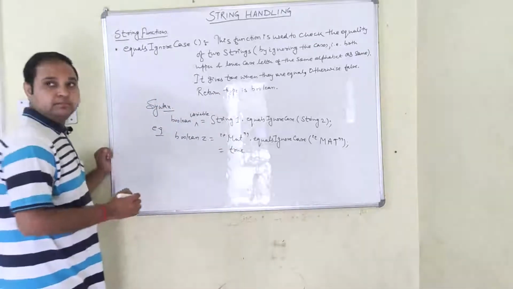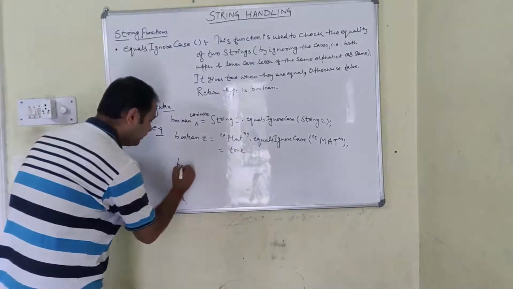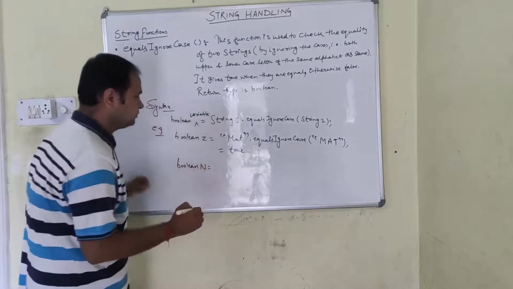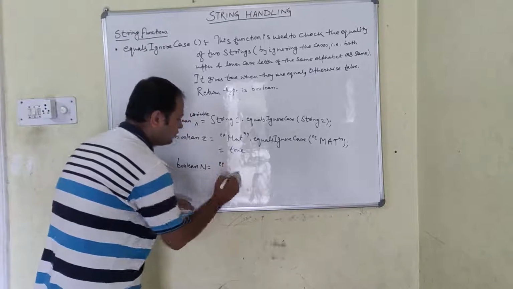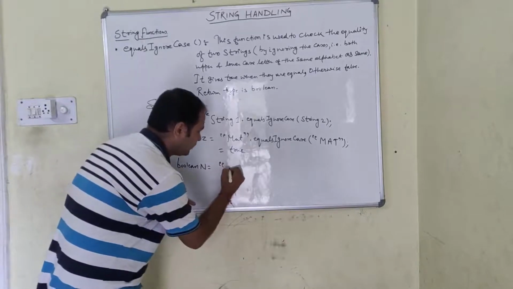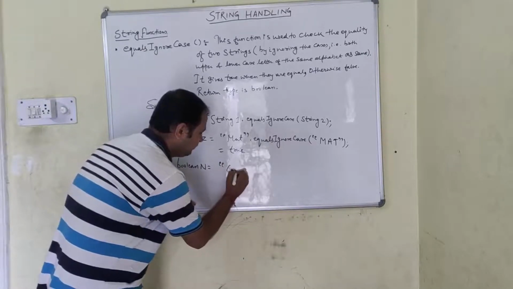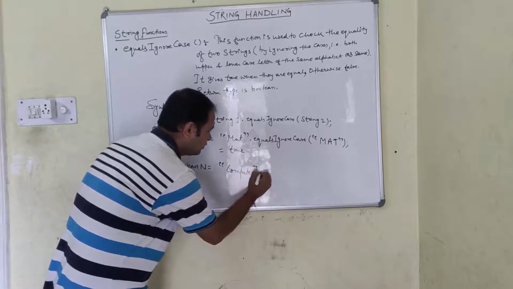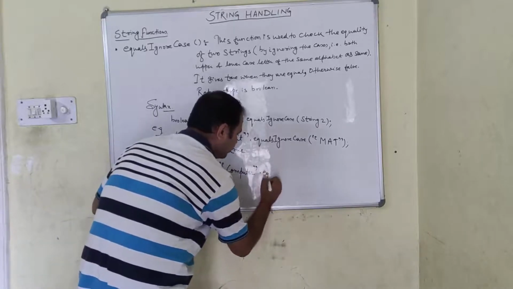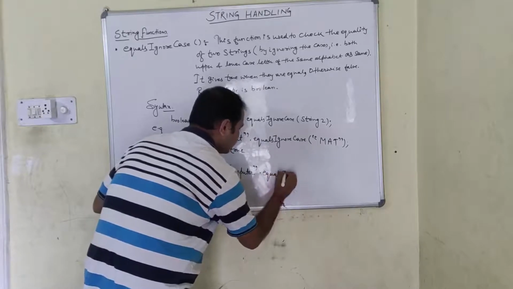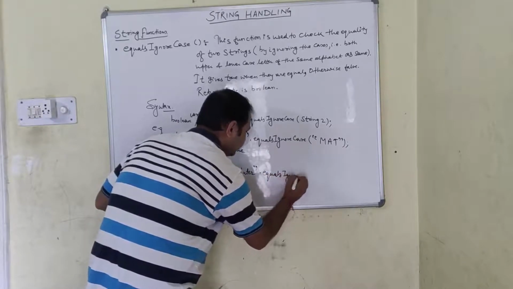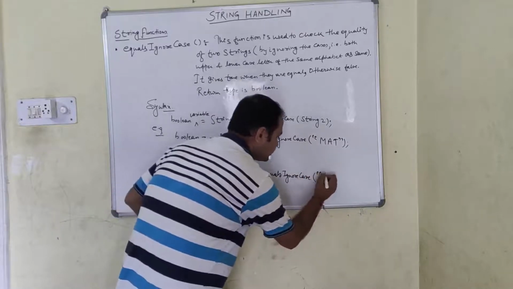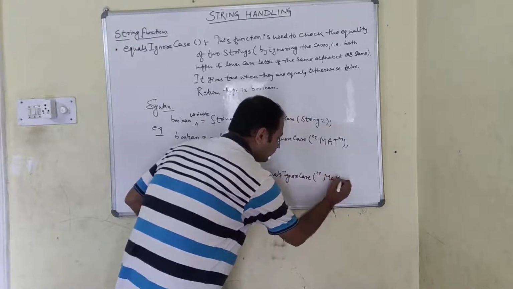Another example, boolean n equals to computer.equalsIgnoreCase, and here I take, suppose, the subject as maths.